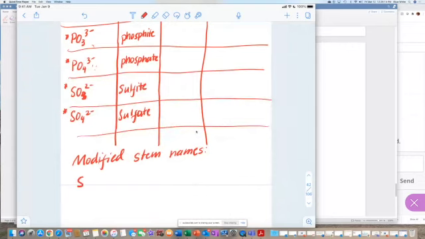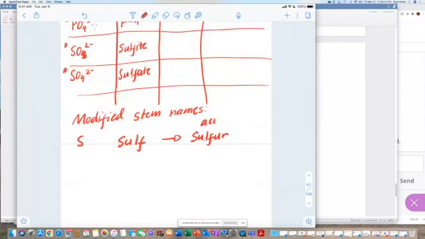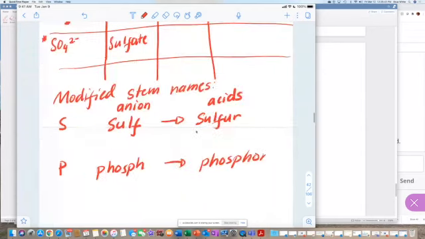Sulfur goes from sulf as the stem name to sulfur. This is in acids. We use the other one in anions. Phosphorus goes from phosph, or sorry, phosp to phosphor. Okay, so phosphorus goes from phosp to phosphor. Sulfur goes from sulf to sulfur.